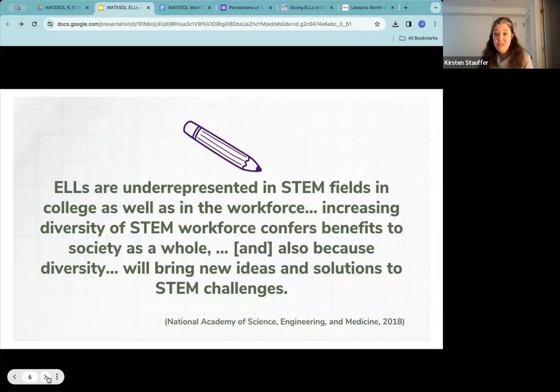A lot of them understand concepts, especially as they're older, in their first language, but have difficulty communicating about it in a second language. We also know that the more diverse workplace and academic institutions can be, the better that is for new ideas, the creation of new products, and different perspectives to keep moving forward.